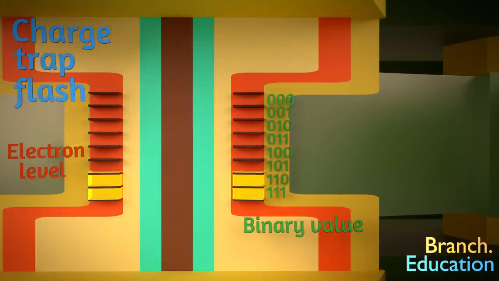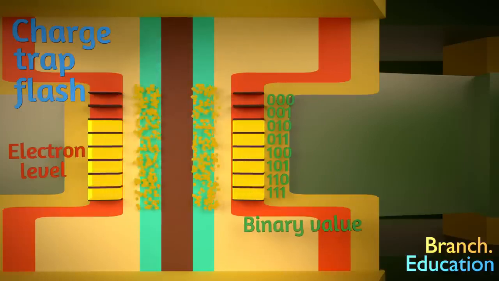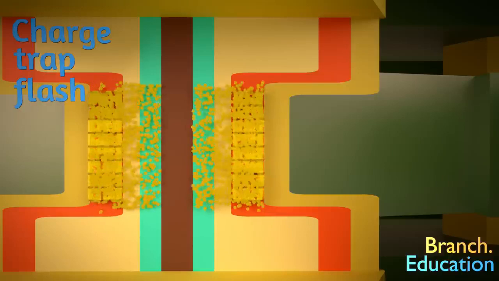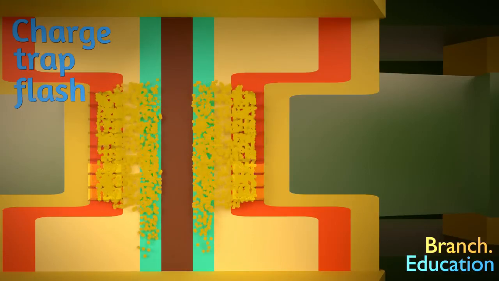And the other levels of trapped electrons have other 3-bit designations. Measuring this value doesn't change the amount of electrons, and once electrons are placed on the charge trap, they stay trapped there for years. However, when the memory cell is erased, the electrons are forcibly removed.